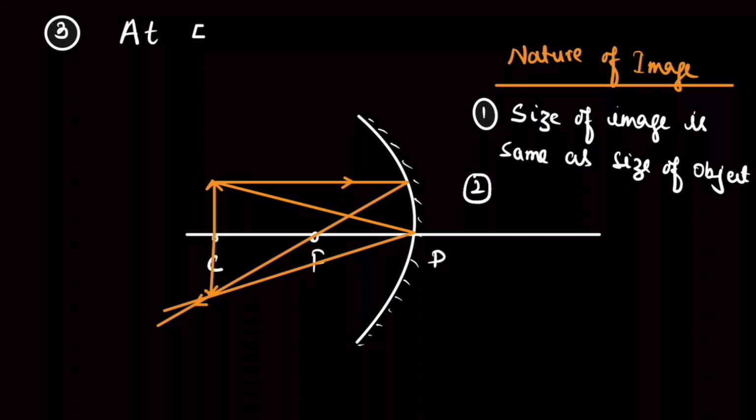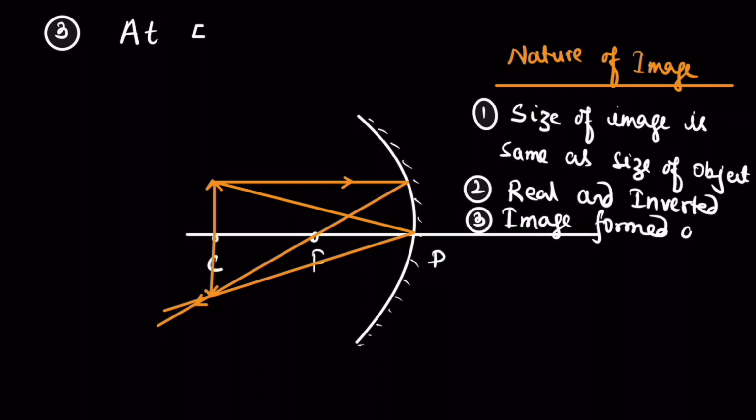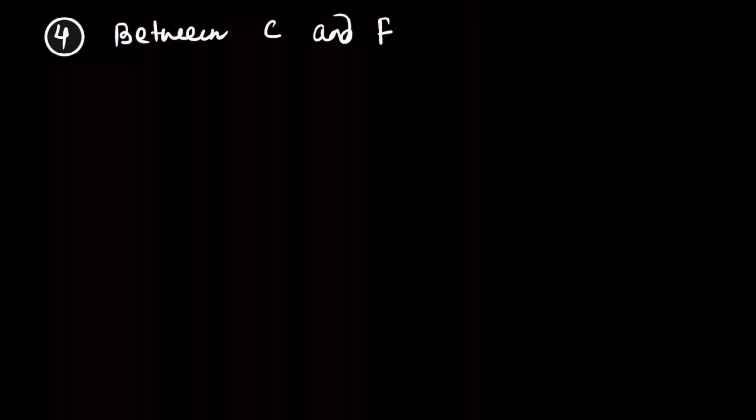Second, real and inverted, because both are on the same side. And third is, the image is formed at C.